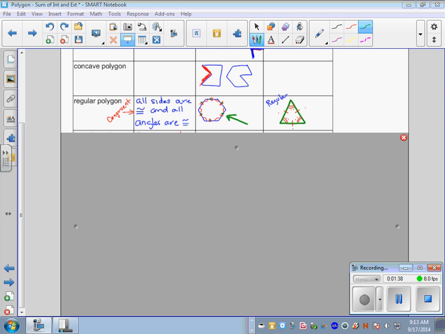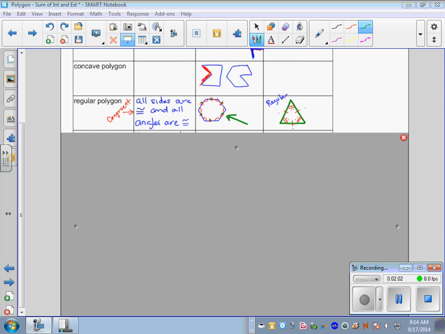That hexagon has 6 sides, and they're all going to be congruent. So if one of them is 5, the other one is 5. And what we find in regular polygons is if the sides are all congruent, the angles are all congruent. And if the angles are all congruent, then the sides are all congruent. So in this case, if they were all 5s, that's great. That means the angles inside could be, let's say, 36 or something like that, and they would be all 36s.